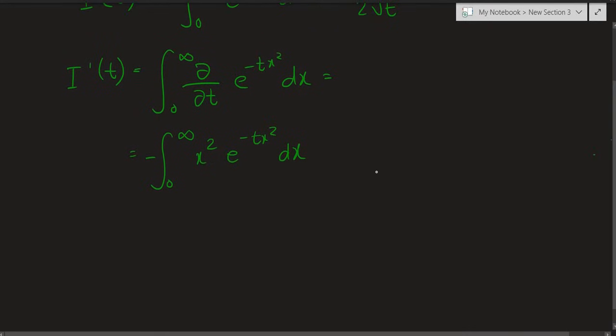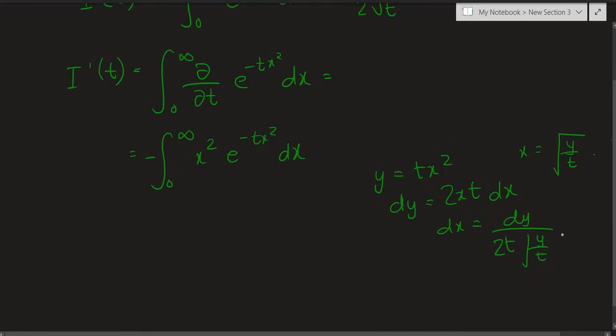So let's make the substitution y equals t x squared. So we just have dy is nothing but 2xt dx. So dx is dy over 2t, and x is just y over t all under root.